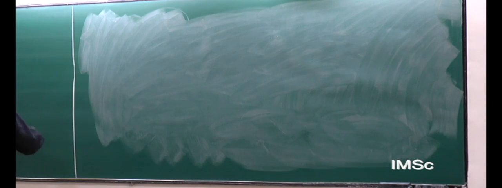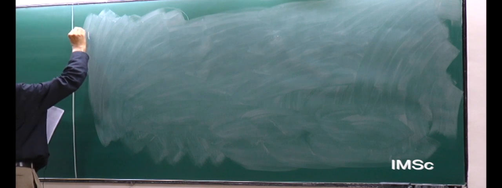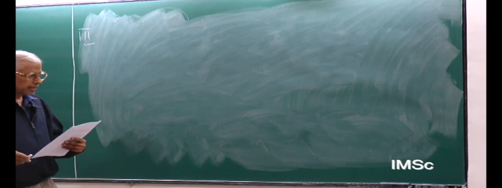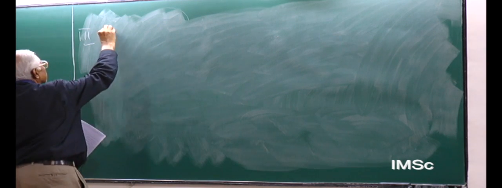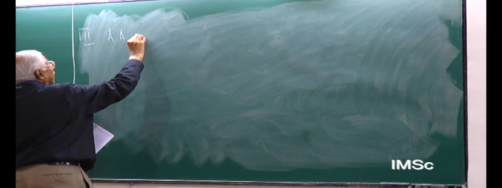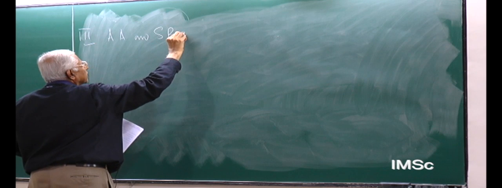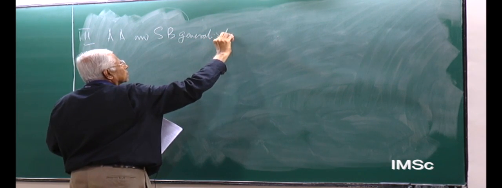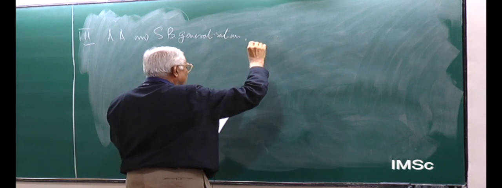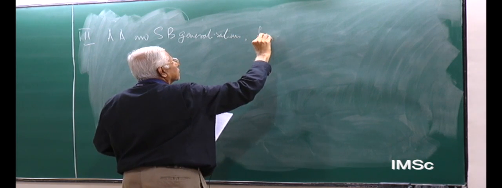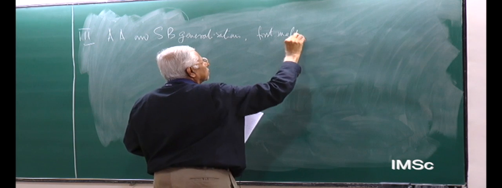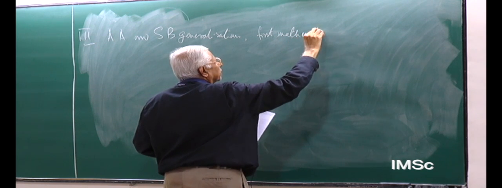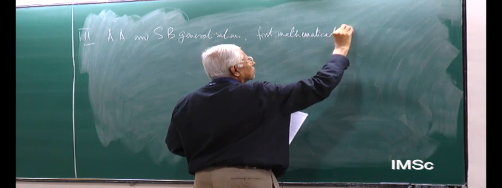I just want to do one thing now. So now I come to section 3, and I will read out the title: the Aharonov-Anandan and Samuel-Bhandari generalizations. And in this section, I have included what I call a first mathematical interlude.